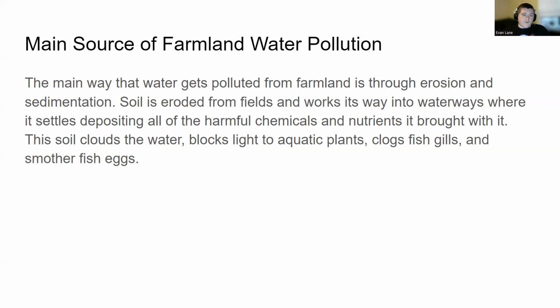They can't get any food, and it kills them. So we have this effect where we are preventing oxygen production in water, soaking oxygen out of the water with algal blooms, and we're just destroying natural habitats with this runoff.